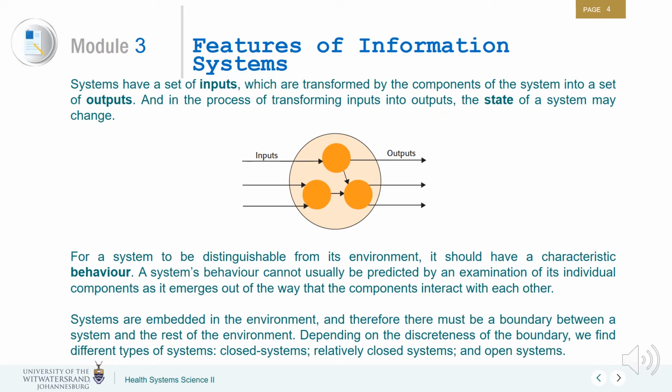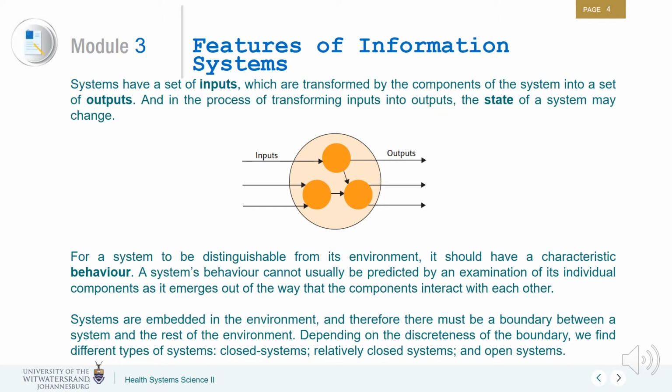Another feature of a system is that it is distinguishable from its environment, and it should have a characteristic behavior. It needs to act in a particular way. So that's why we can talk about an education system or a health system. There's certain characteristics that distinguish those systems from each other. Of course, there will be things that are similar, but there's definitely specific things that need to be in place that create that system.